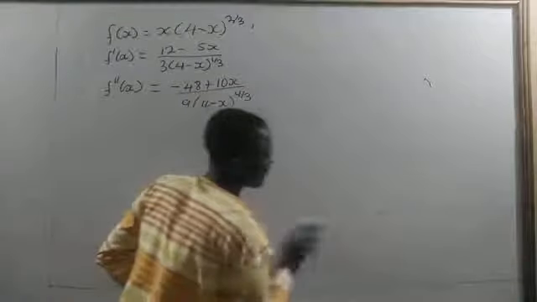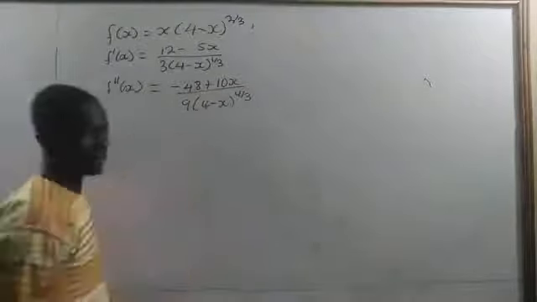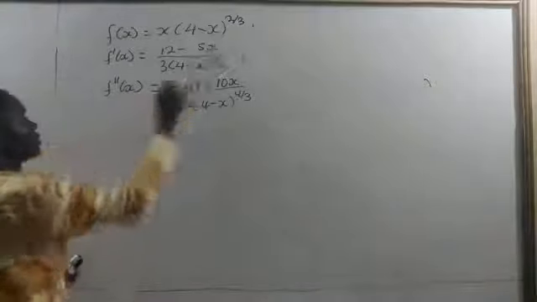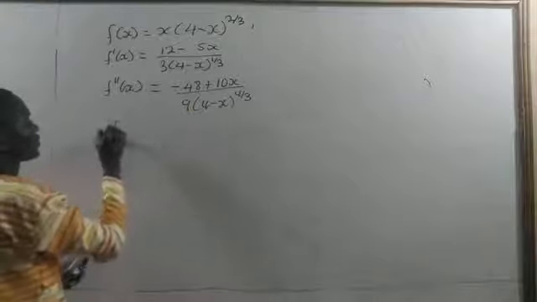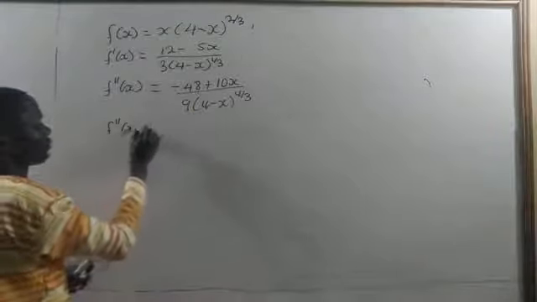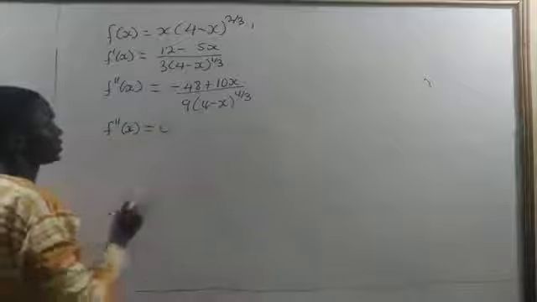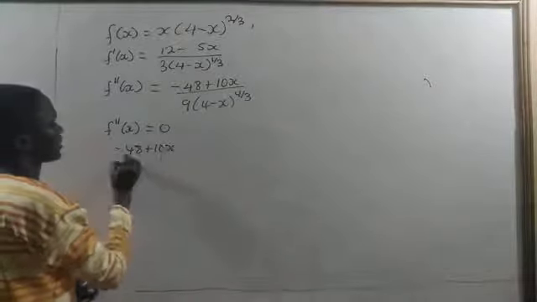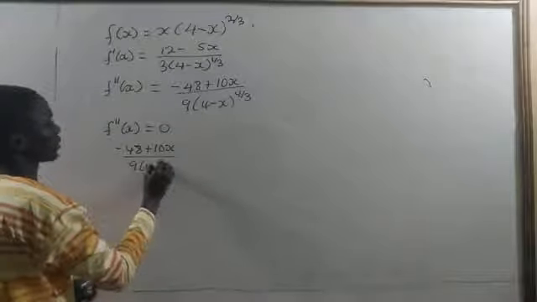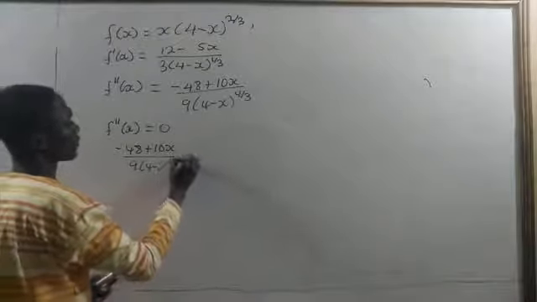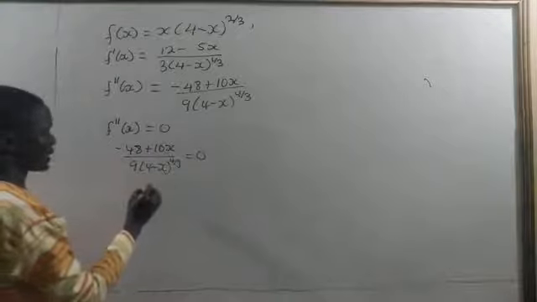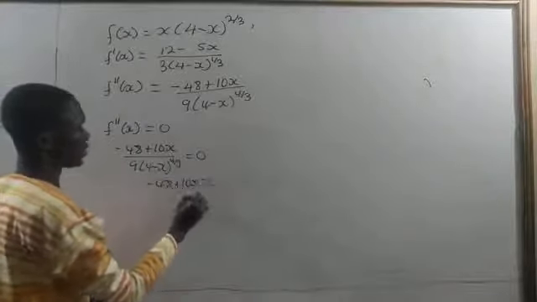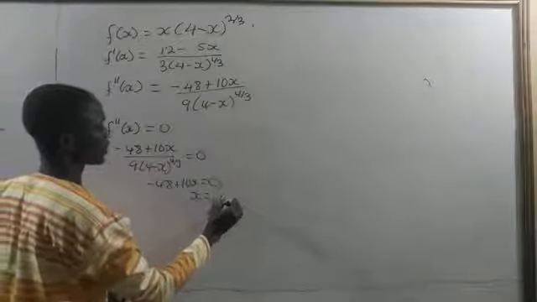Our next step is to find the critical points by using the second derivative. So here, you first take f prime prime to equal to 0. This means that minus 48 plus 10x divided by 9 times 4 minus x to the power 4 out of 3 is equal to 0. And the numerator will become minus 48 plus 10x equal to 0. And we have x equal to 4.8.